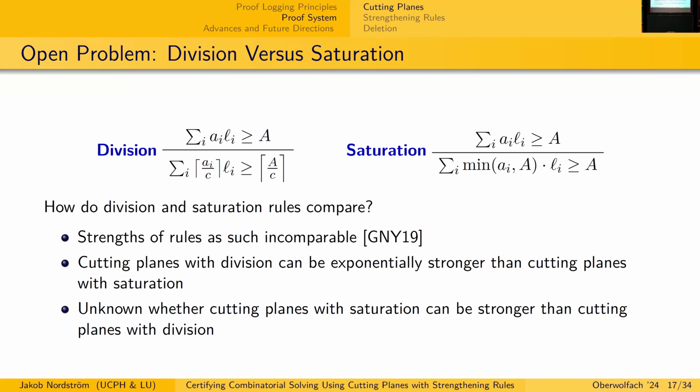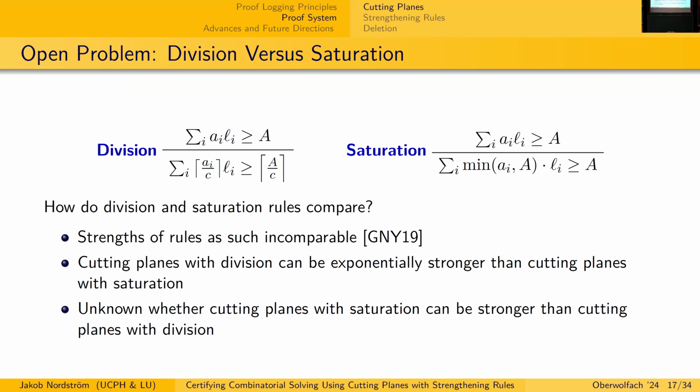We also know the other direction: I can give you explicit constraints where saturation can do something, and division can obviously simulate it because it's implicationally complete, but it will take an unbounded number of steps. The answer is simply negative because you cannot simulate a complete proof system with an incomplete one.